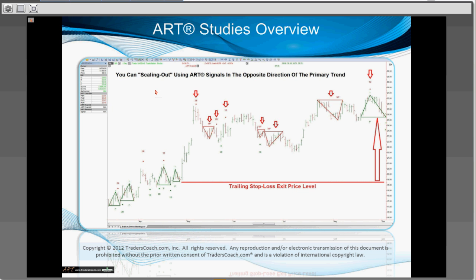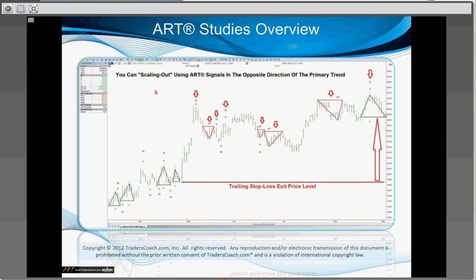We only recommend scaling out a maximum of 2 times on any trend. But again, the purpose of scaling out is to lock some profits in. Market conditions can change, and so what we're trying to do is give you some structure so you can handle the markets as they're unfolding in real time.